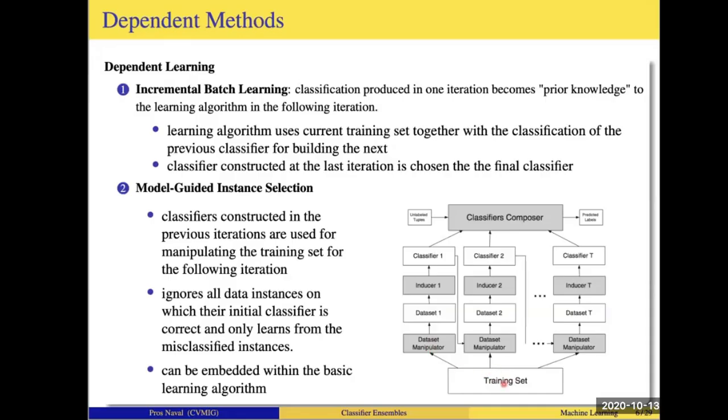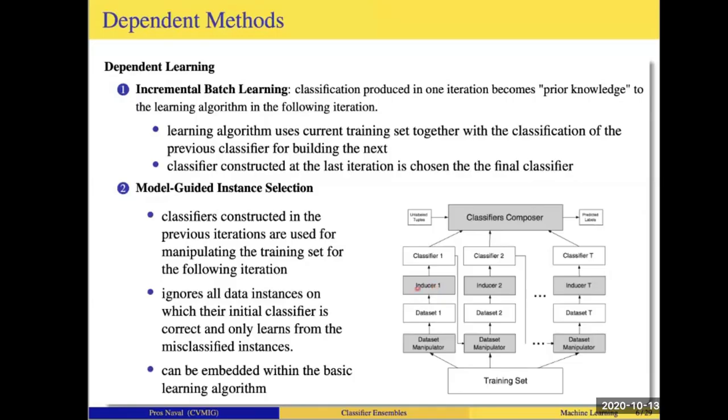So this training set is partitioned by your dataset manipulator and produces dataset 1, which is just a subset of your training set here. Then this dataset 1 is going to be used to train the inducer 1, the first inducer.